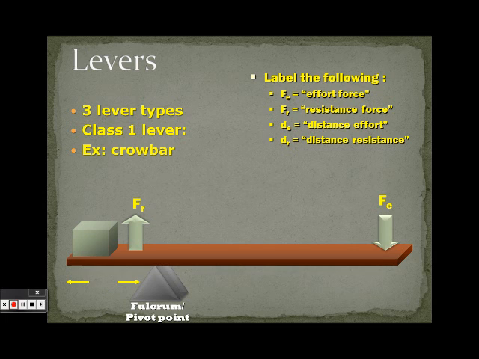Remember, your distances always have to go from your fulcrum. So what's this distance going to be? It's on the resistance side, so it's going to be DR. And then finally, we have the rest of the length of the lever, distance effort. Process of elimination, and one left. Our DE.